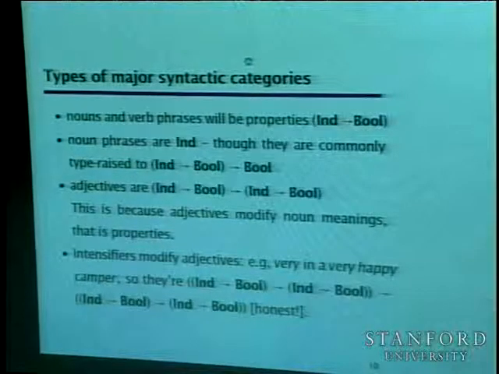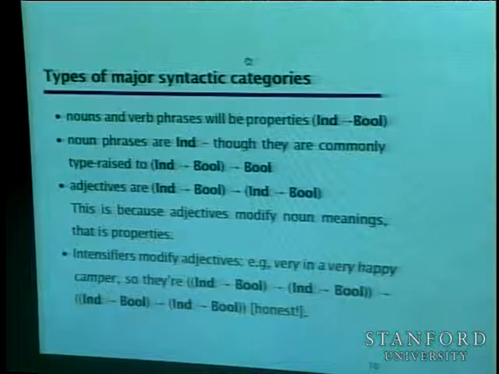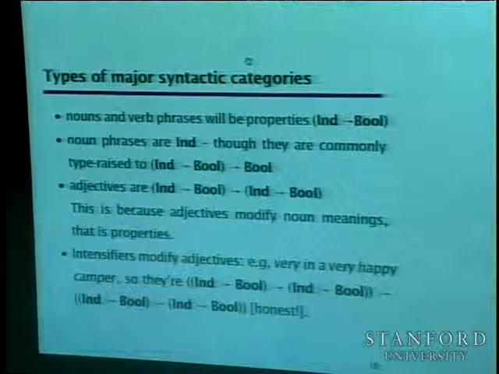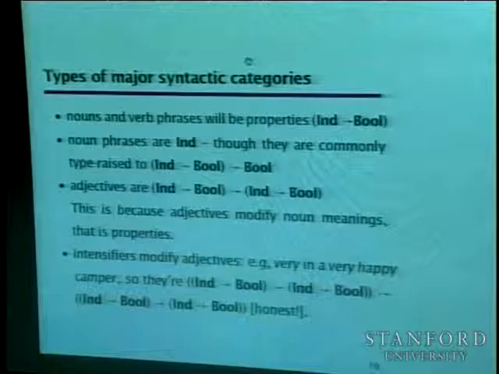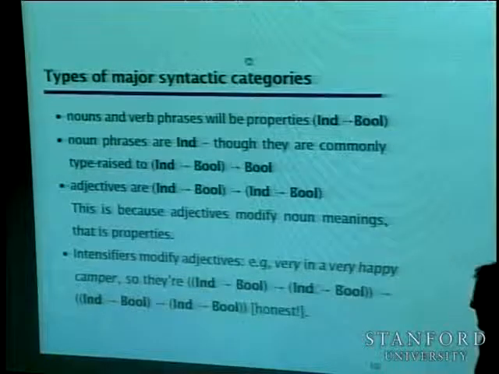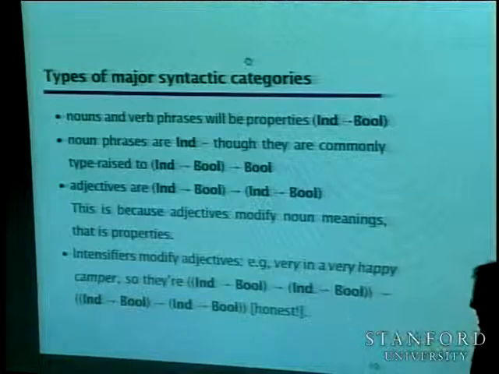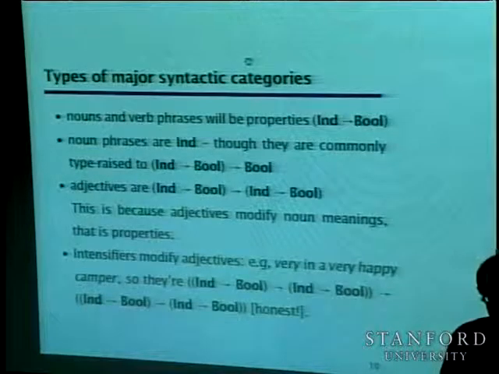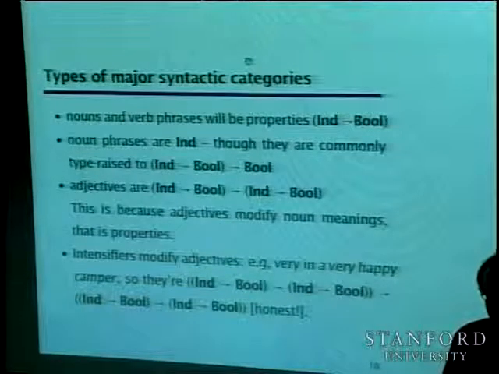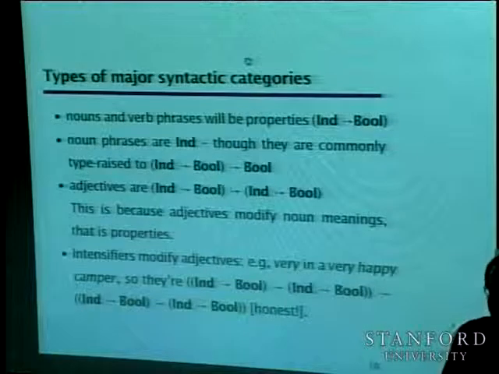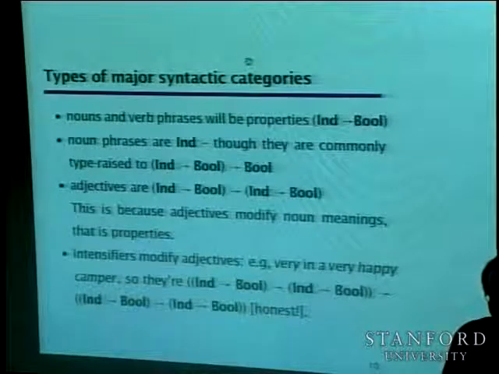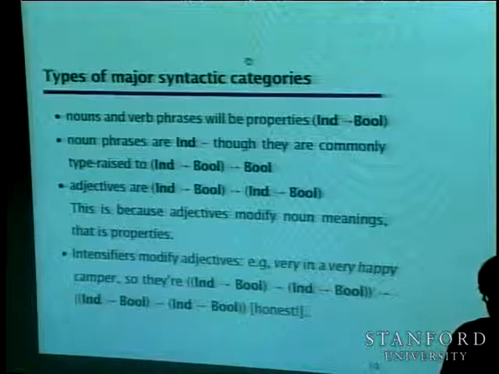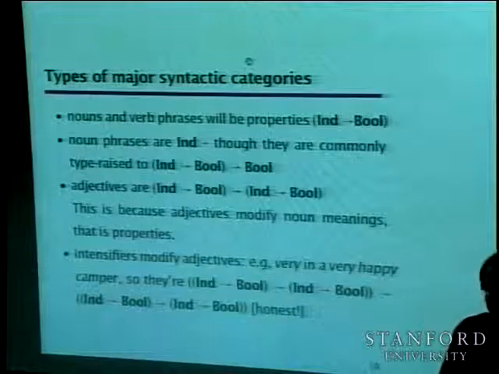Okay, and once you start going down that route, you just keep on heading down that route, and you get into higher and higher order functions. So if you want to have an adverb like very in very happy, you say, well, what does very do? It takes an adjective like happy, and it returns something that has a meaning that's kind of like an adjective, right?